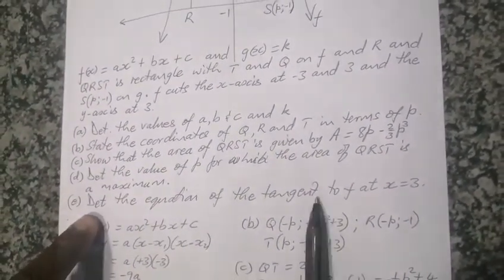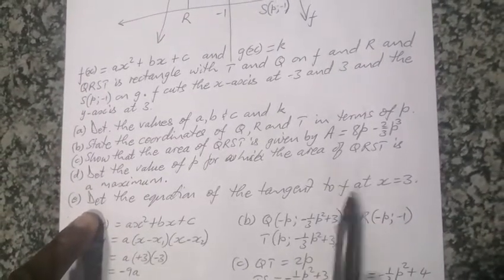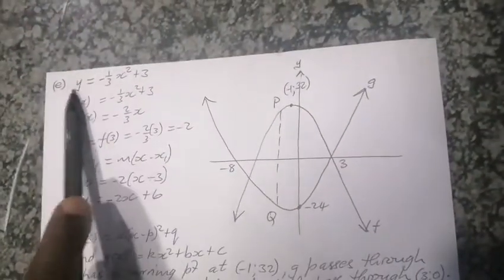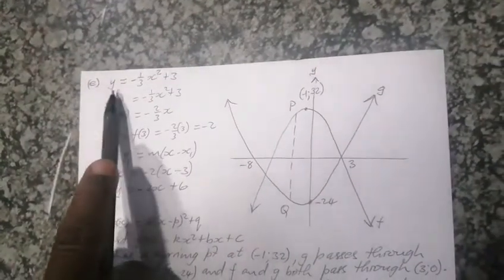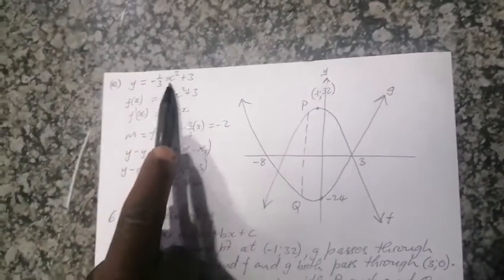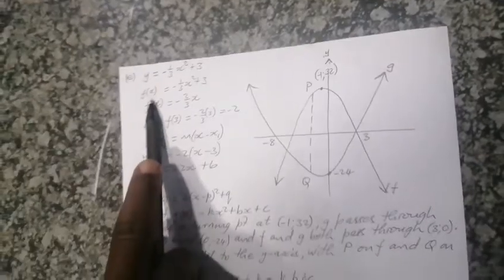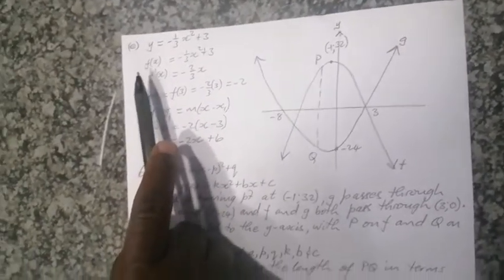Let's look at part E. Determine the equation of the tangent to F at x equal to 3. We want the equation. So generally our equation for the quadratic was y is equal to minus a third x squared plus 3.